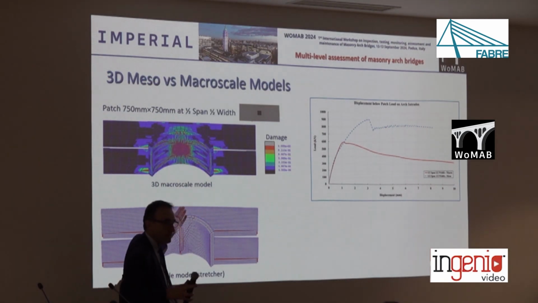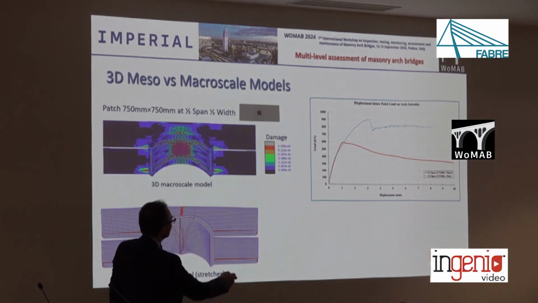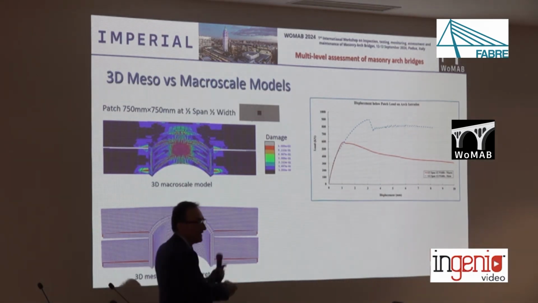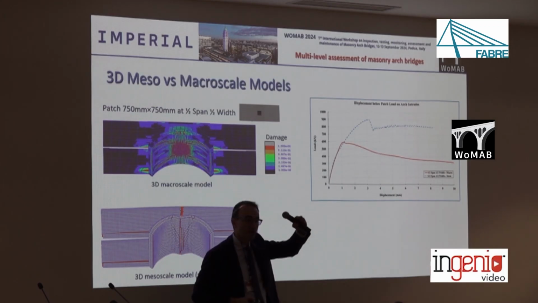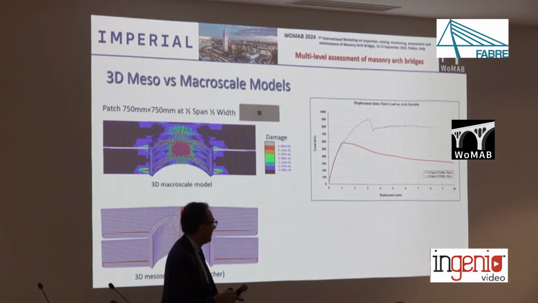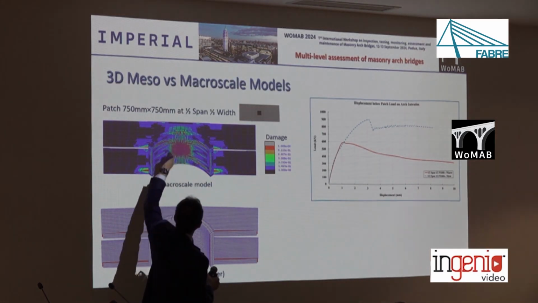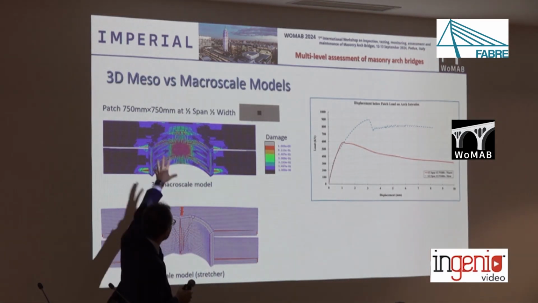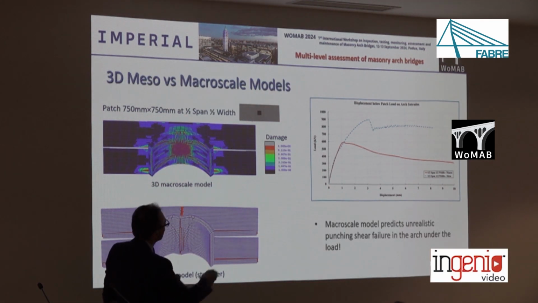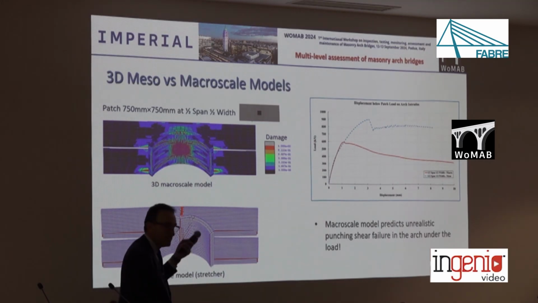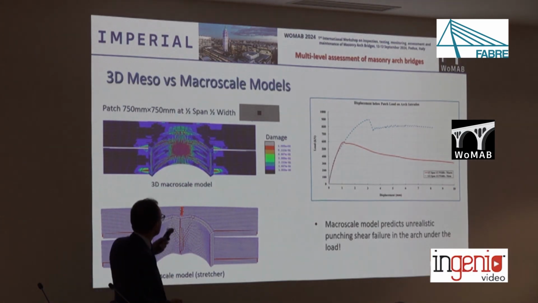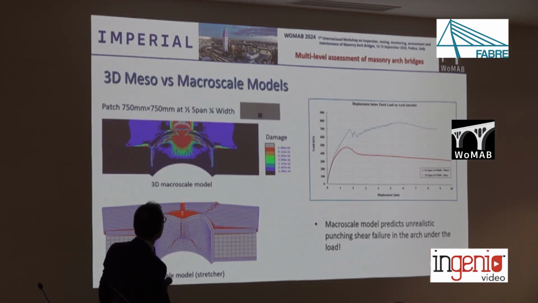The macroscale model does not take this into account, and the results we got are very, very conservative. What we achieve here is a sort of punching shear. Why? Because the load is applied above the crown, the level of backfill is relatively shallow, and then we have a localization of plastic deformation and damage just in the close area, and we predict failure. So again, interesting results and a warning message in using a macro scale model, especially when the models are isotropic.